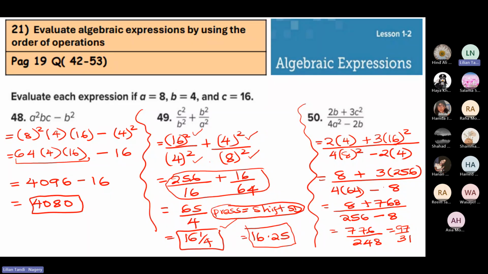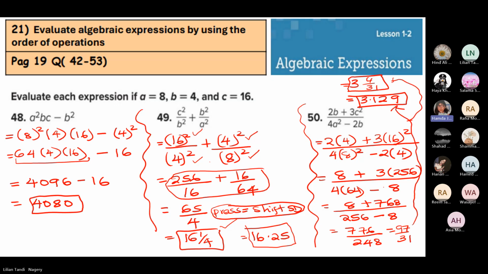What do you get? 3 and then 4 over 31. I agree. 3 and 4 over 31. And then change it to decimal. Press SD again. 3.129. Yes, 3.129. Okay. Any question up to here?